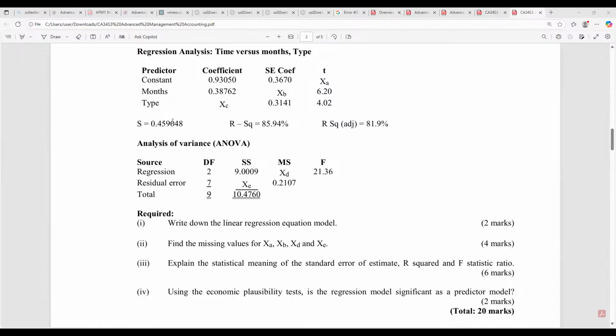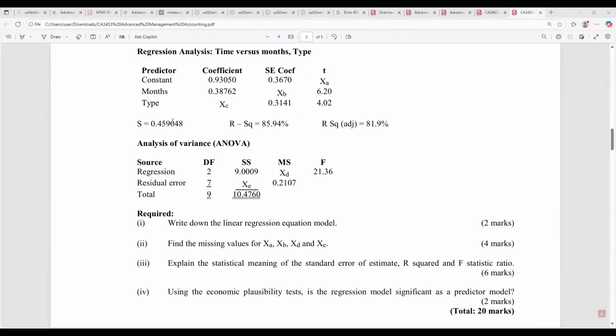Standard error measures the average distance between the actual observation and the predicted value.